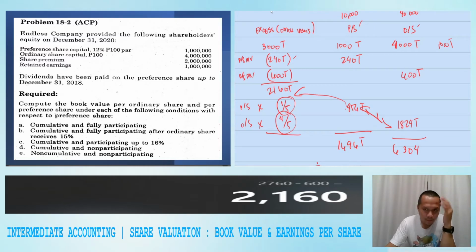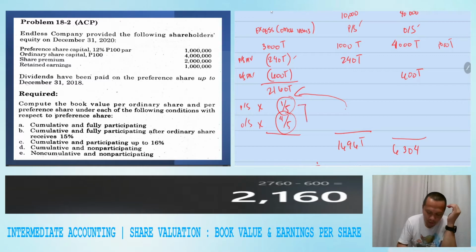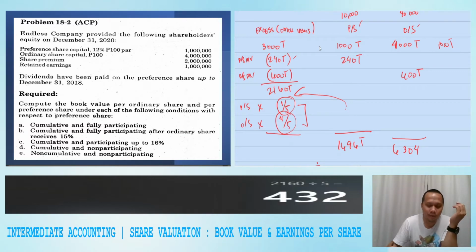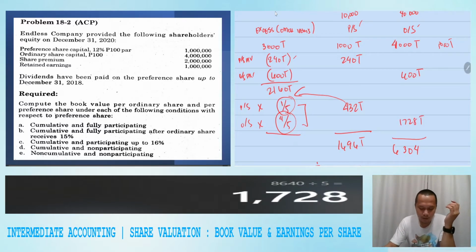And if we are to allocate that, the prorata, because it is still fully participating, would not change. So that is still 2,160,000 times 1 divided by 5, so we have 432, and 2,160,000 times 4 divided by 5, we have 1,728,000.